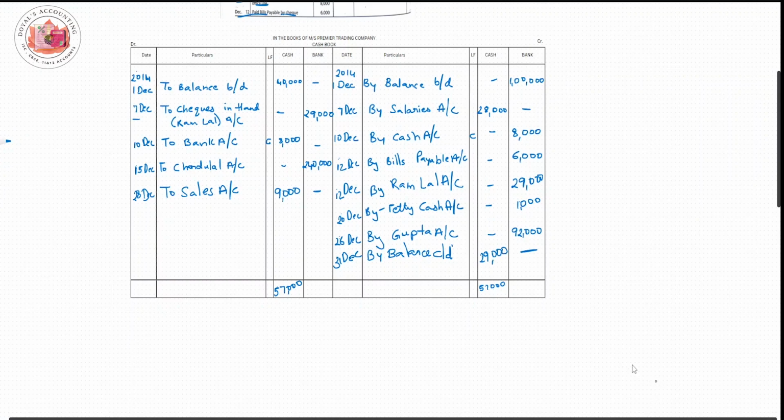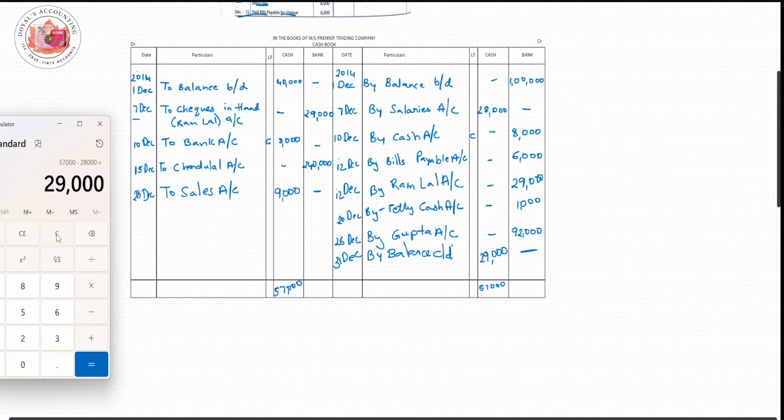Now the same thing I will do for my bank column. I'll first add up whatever is on the credit side and on the debit side. First we should calculate which side balance is more. On my debit side, I have 22,40,000 plus 29,000, so this is 2,69,000.